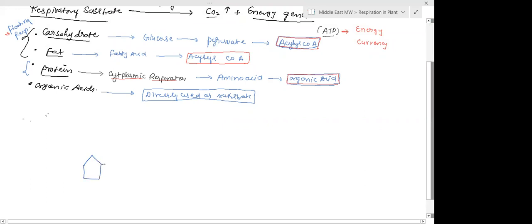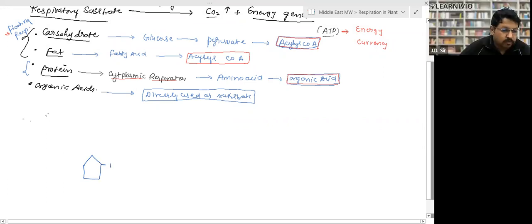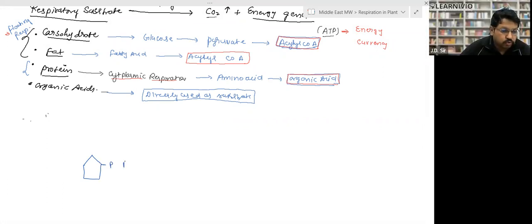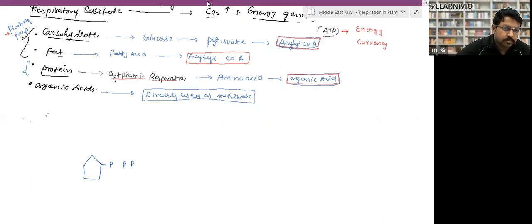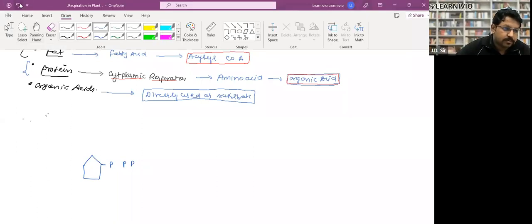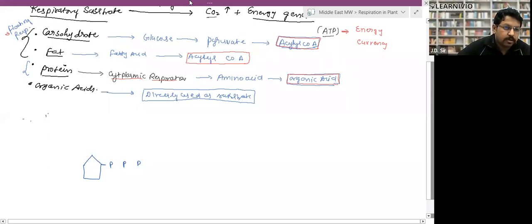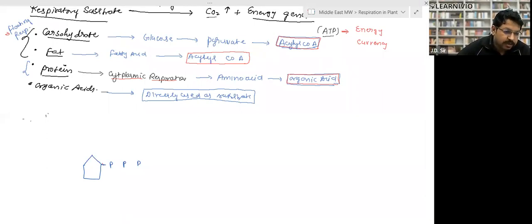And it has 3 phosphates, 1, 2, and 3. Between these phosphates, there is a bond, and we represent the bond in this way, not with a straight line. You must have seen this bond.